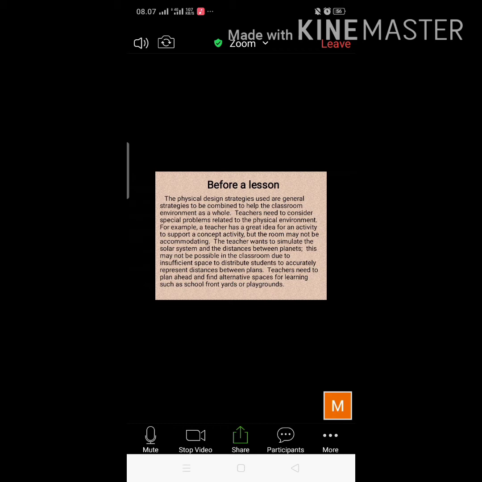The teacher wants to simulate the solar system and the distance between planets. This may not be possible in the classroom due to insufficient space to distribute students to accurately represent the distance between planets. Teachers need to plan ahead to find alternative space for learning, such as the school front yard or playground.